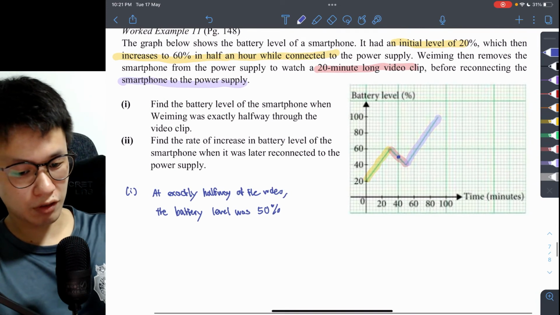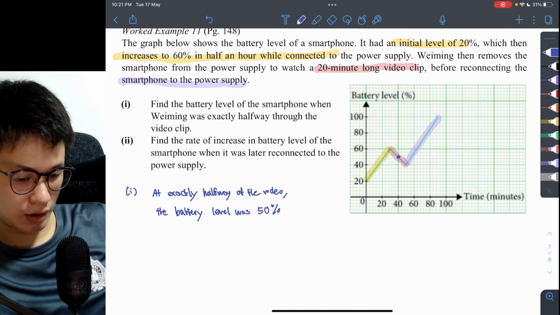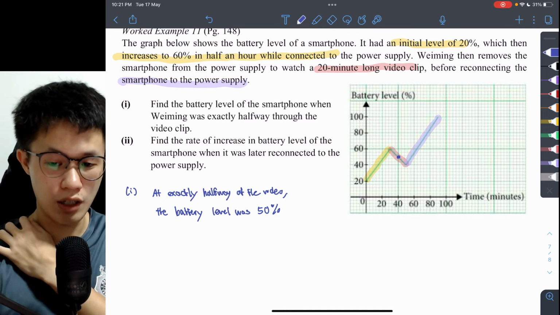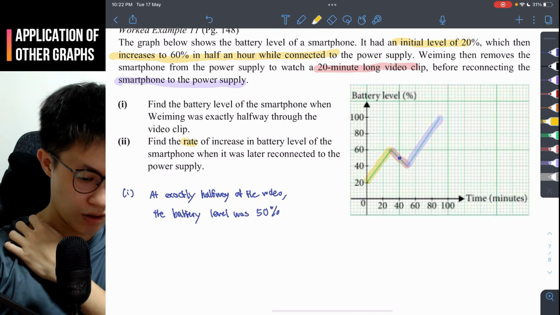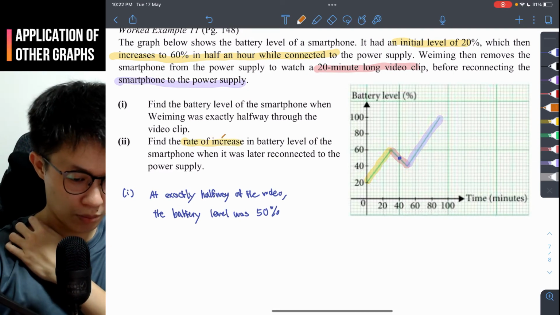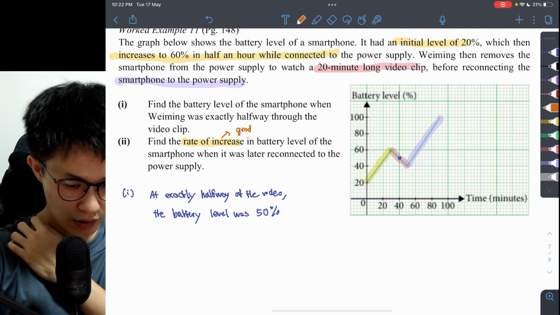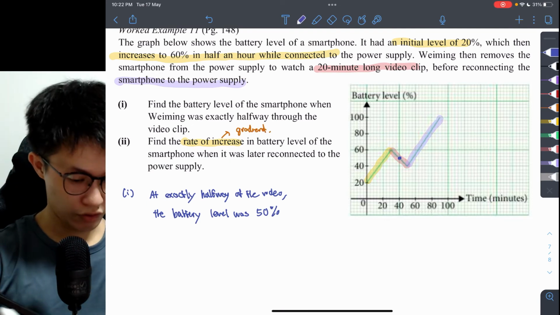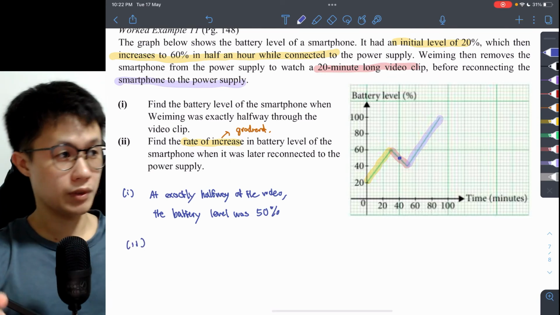Find the rate of increase in battery level of the smartphone when it was later reconnected to the power supply. When we're talking about rate of increase, we're always going to talk about gradient. So since we are talking about gradient, we are going to find the gradient.